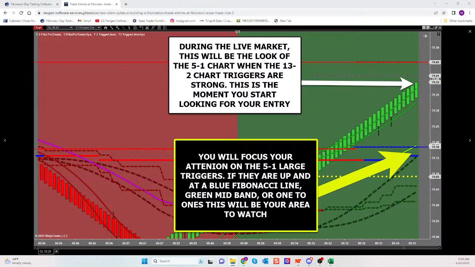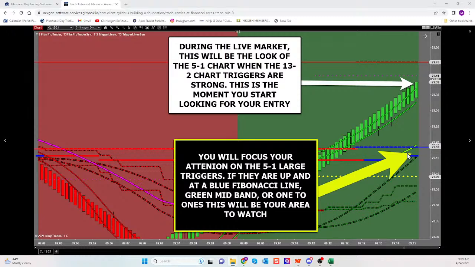So rule number 3 says that we are going to use a limit order. We're going to wait for the market to come to us. And we're going to use a limit order to buy or sell a pullback at an area inside a favorable large trigger.